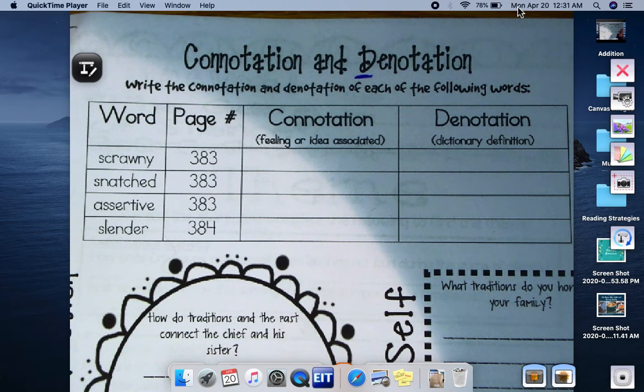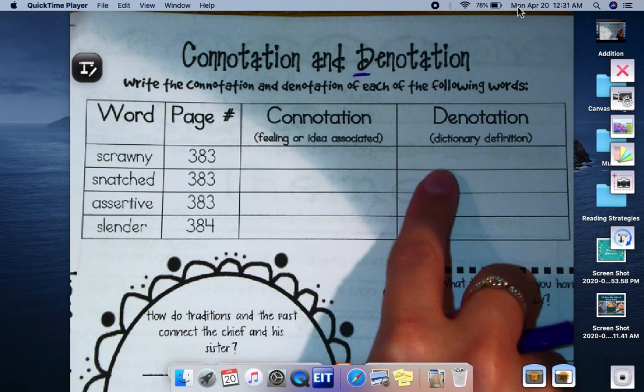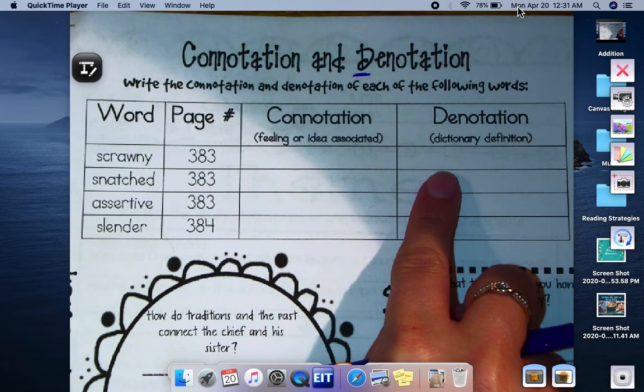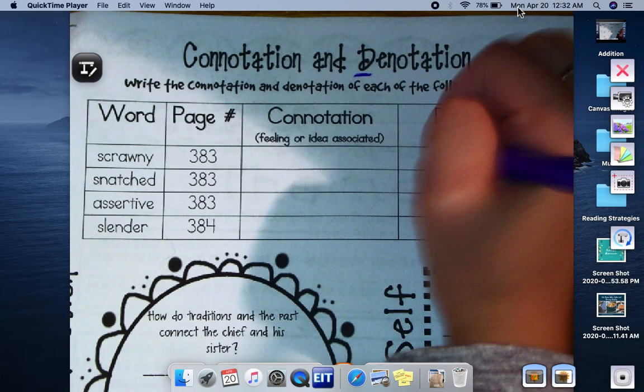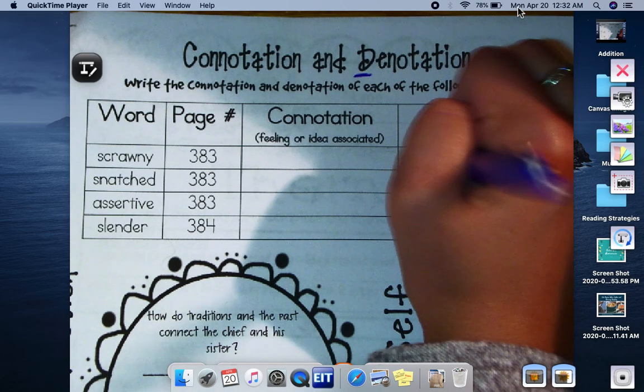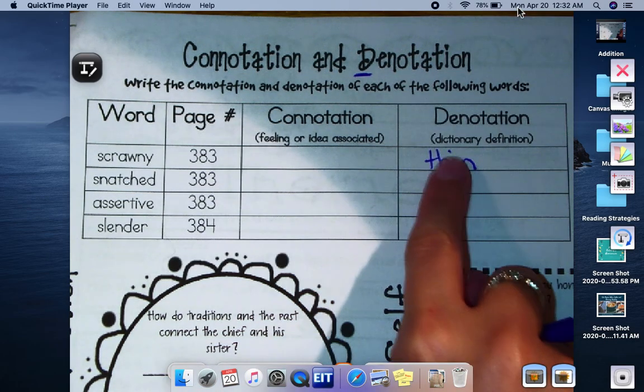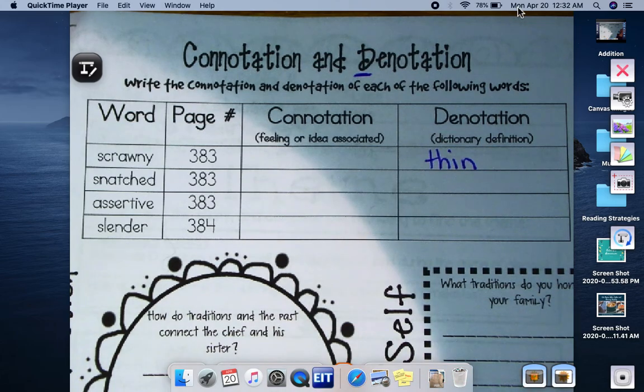Now, if I look up the actual definition of the word, if I look up the actual denotation, the definition of the word, scrawny means to be thin. That's the denotation, the definition of the word.